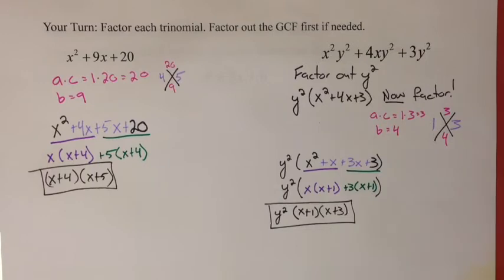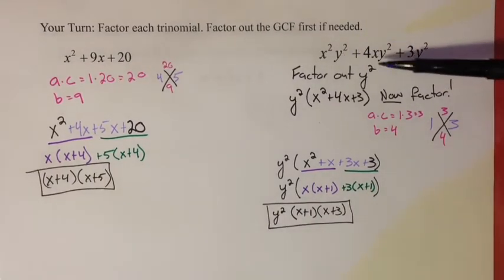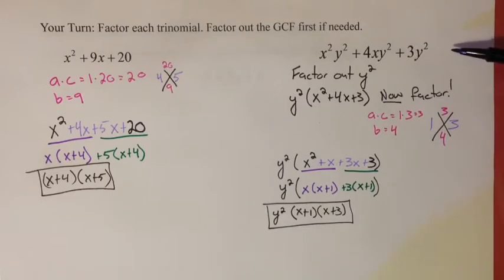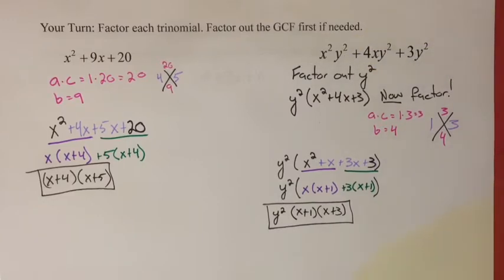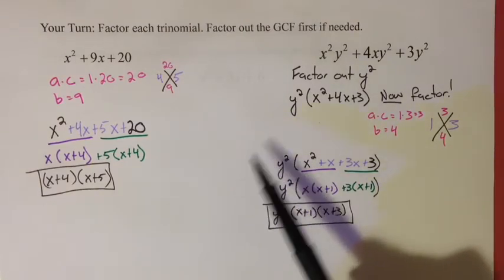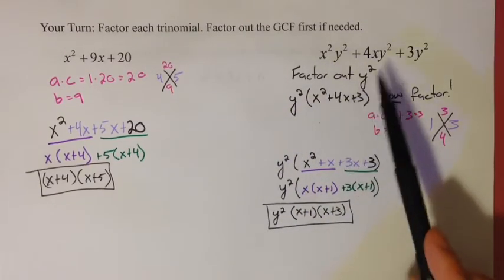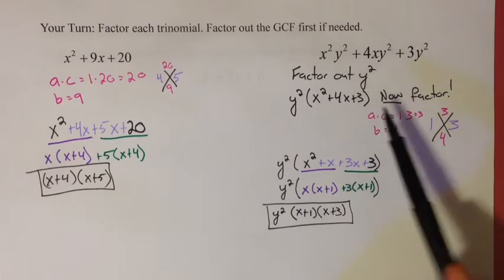My second example is x squared y squared plus 4x y squared plus 3y squared. And in this case, we want to start by factoring out the greatest common factor. The greatest common factor here is y squared, since each term has a y squared in common. So I factor out the y squared, leaving behind x squared, 4x, and 3.